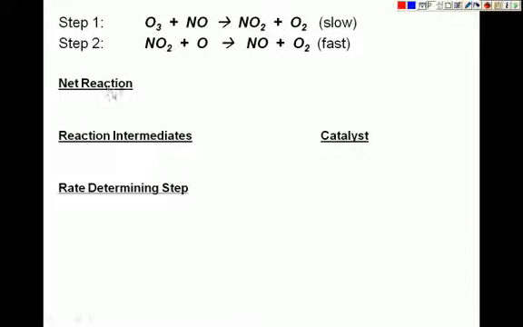Now, here is another example of a reaction mechanism. This reaction mechanism is a 2-step reaction mechanism. So we're going to do the net reaction here. We have NO2, and that can cancel out with this NO2.